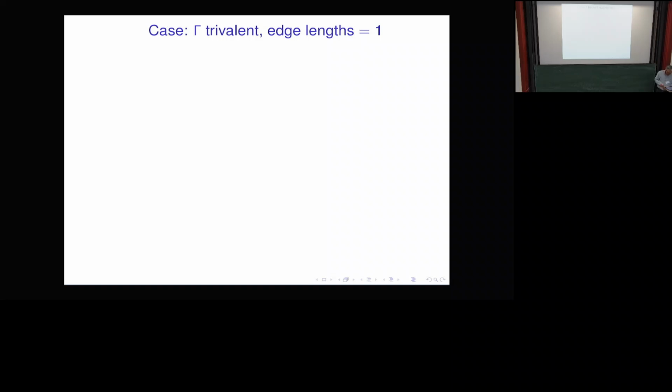Okay, so in the classical case, again, why am I doing trivalent? I said that I'm doing trivalent because, first of all, vertices of degree 2 don't matter, right? When I'm thinking about geometric graphs, I'm just replacing this picture with this picture. I just erase this vertex because it does nothing.